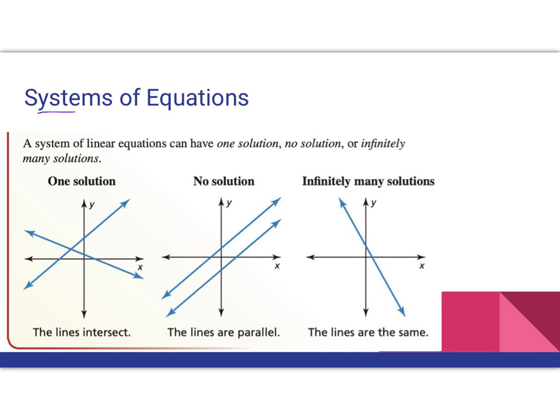So when we have a system of equations, we can either have one solution, no solution, or infinitely many solutions. Okay? If we have one solution, it means that they intersect in one point.